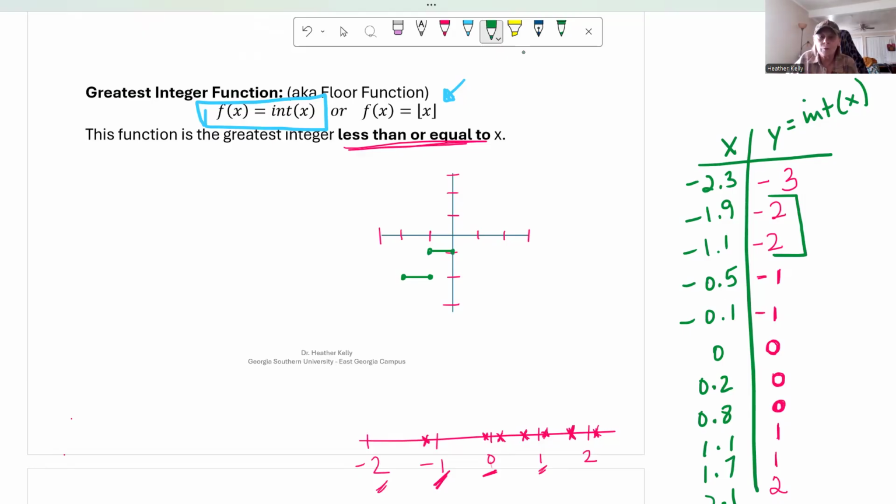Now between 0 and 1, it's going to be 0. I don't know why it drew me an arrow there. I didn't try to make it draw me an arrow. It did. And then between 1 and 2, it's going to be 1.